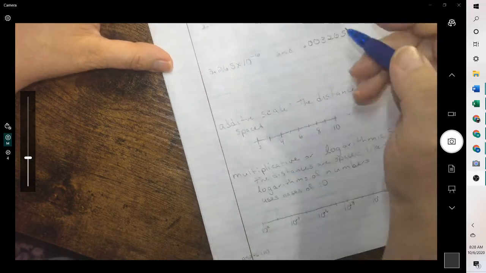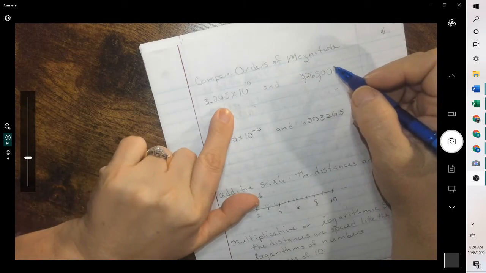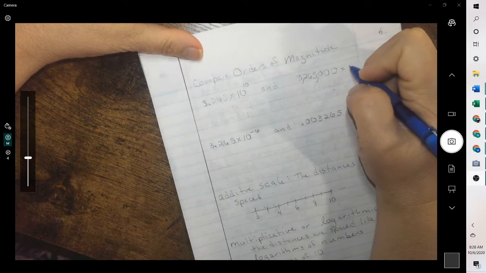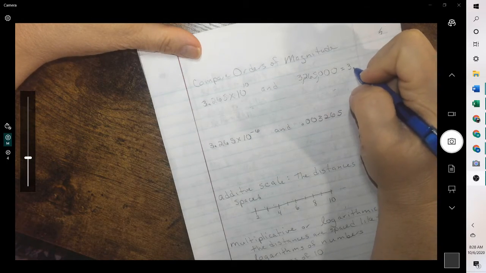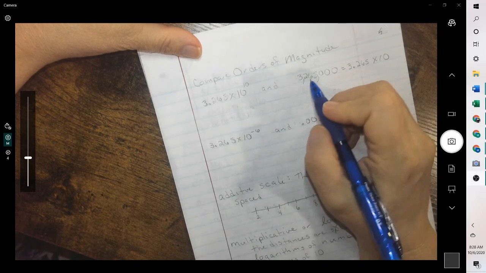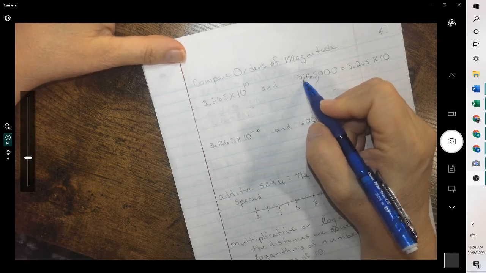Comparing these ones, we would notice this one's already in scientific notation. We'd want to rewrite this into scientific notation. The decimal needs to go here because we need a number between 1 and 10.